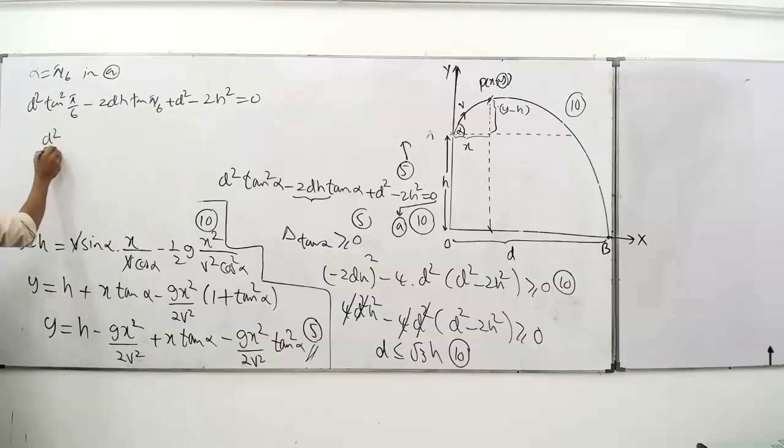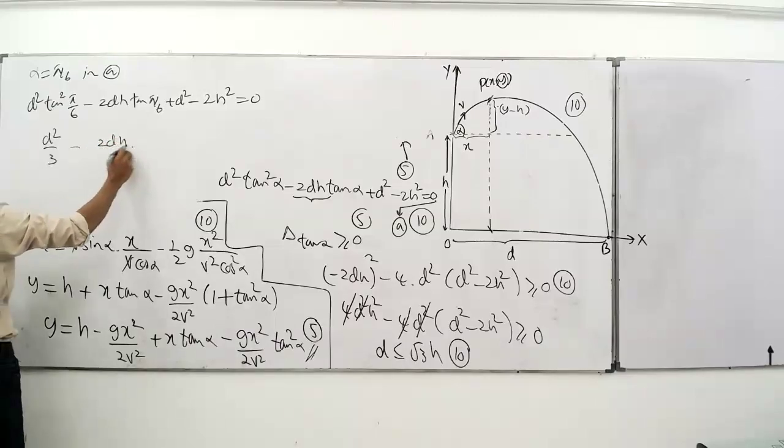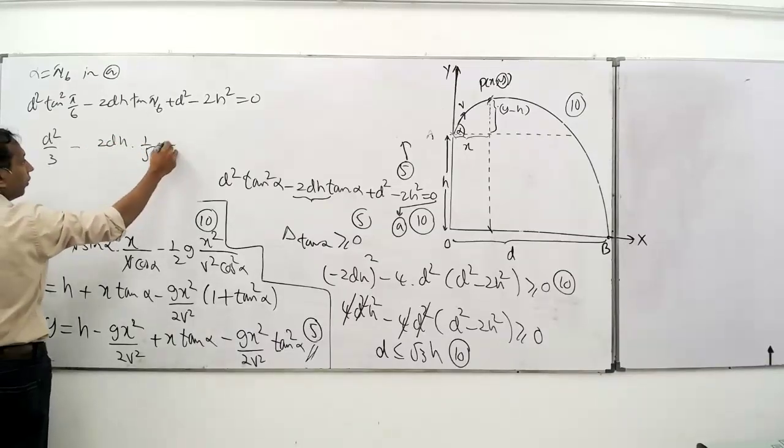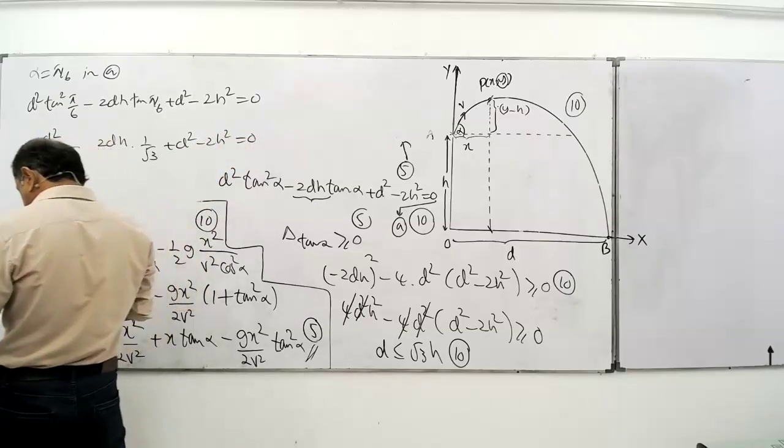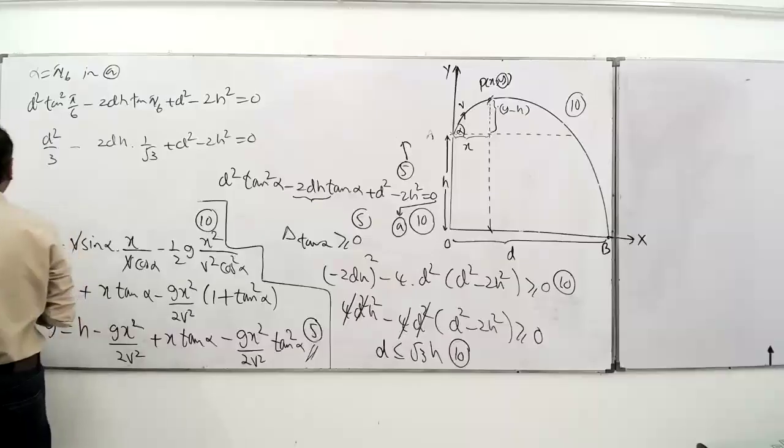Now simplify this. Here, 1/3, 2dh times 1 over root 3, plus d squared minus 2h squared equals 0, right? Okay.